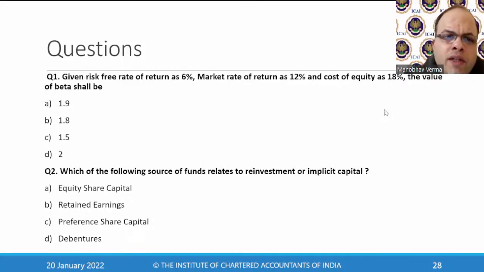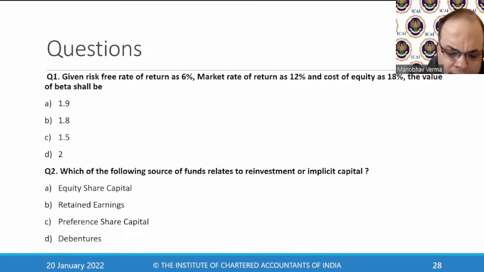So given the risk-free rate of 6%, market rate of return is 12%, cost of equity is 18. They're asking us the value of beta. So cost of equity is given to us as 18%, guys. RF is 6, so the risk premium should be 12% and the differential is 6.